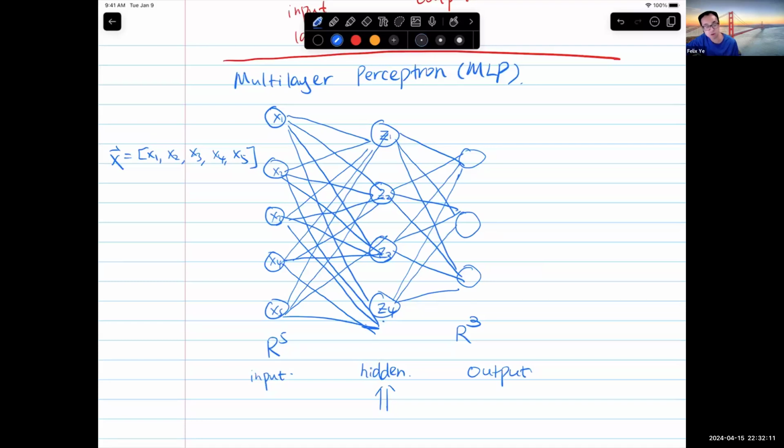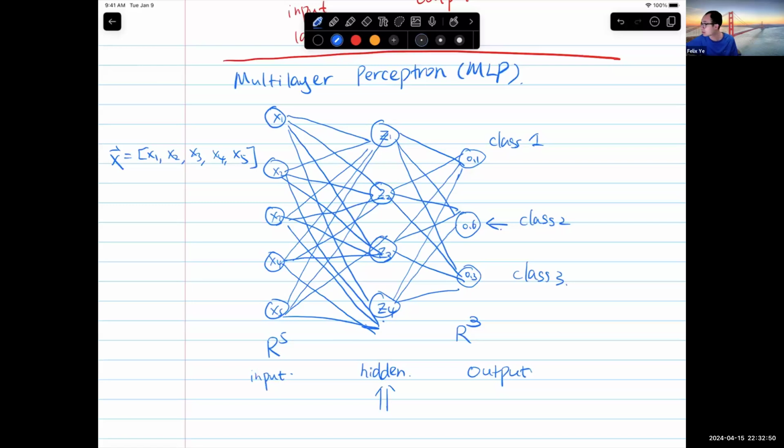Say this gives the probabilities 0.1, 0.6, and 0.3. These three probabilities sum to 1. If we label the classes as class 1, class 2, and class 3, then it predicts this data entry to be class 2.